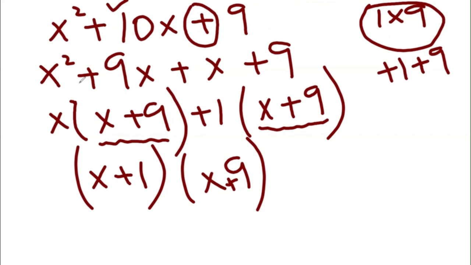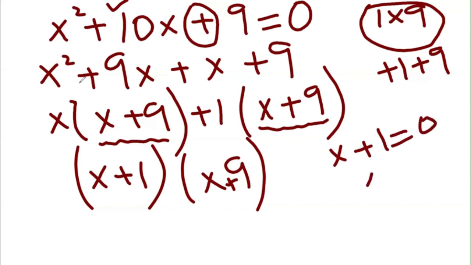And here we are going to see how to verify, how to check our answer. x plus 1 and x plus 9. Suppose it is equated to 0. So x plus 1 is equal to 0, so it means that x is equal to -1. When 1 goes to the right-hand side, plus 1 will become -1.